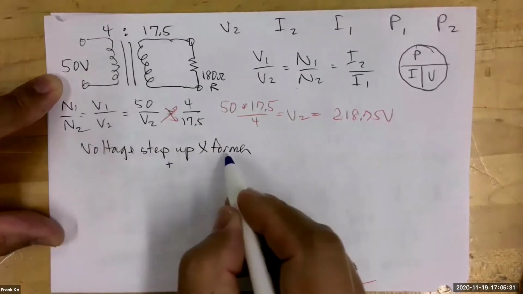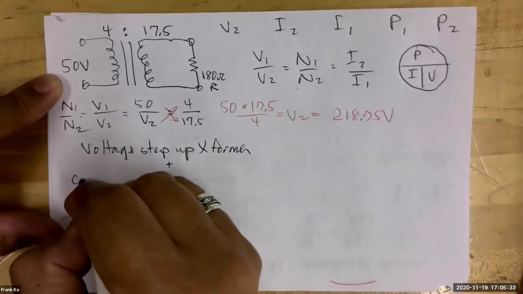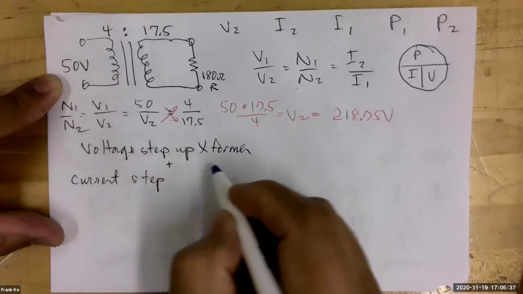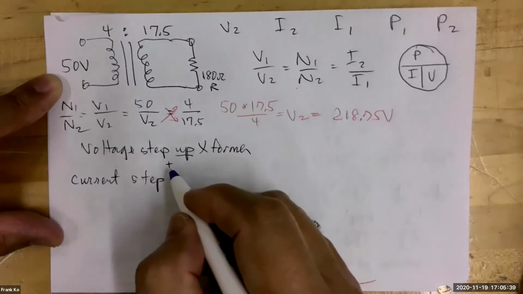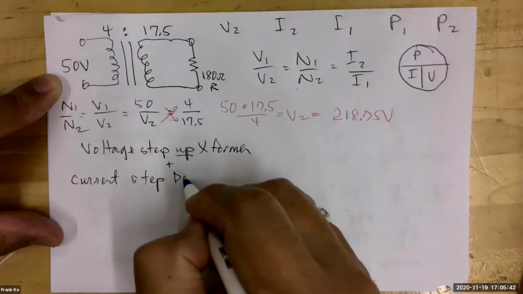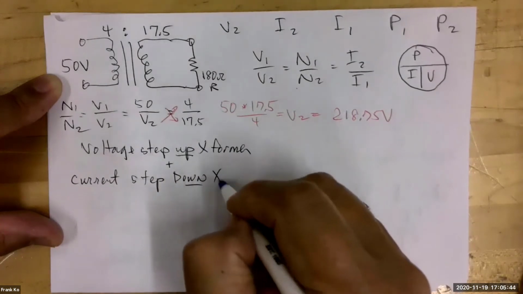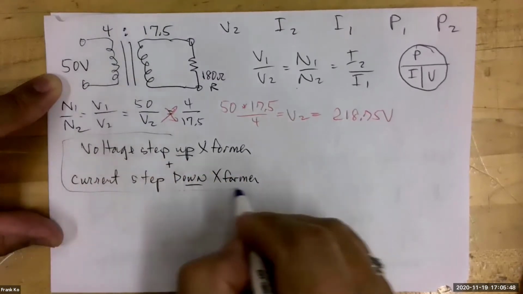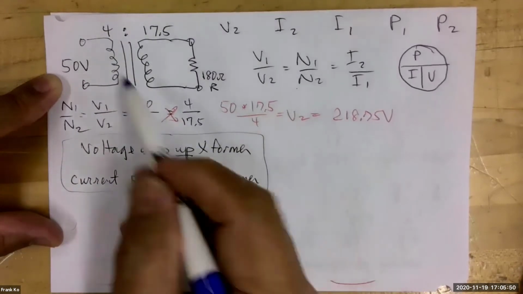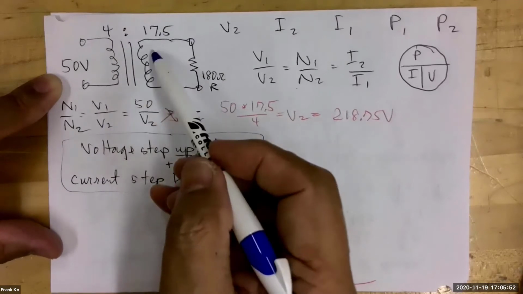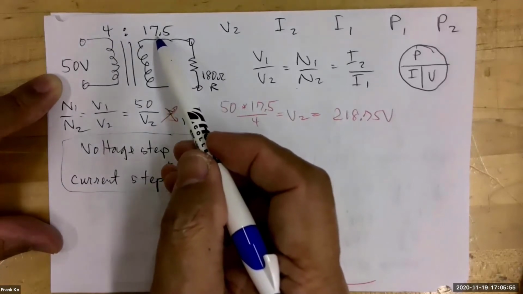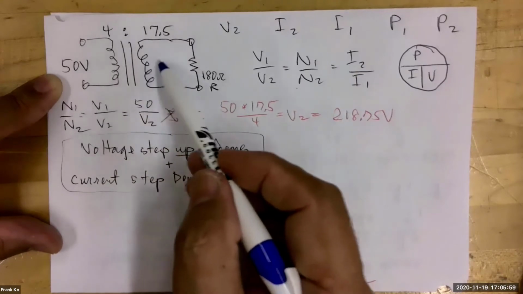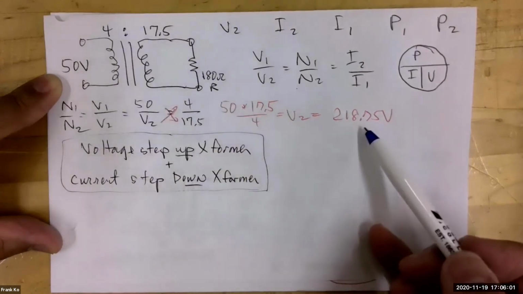And if it steps voltage up, what do you think it should do with current? Current step which way? If voltage stepped up, which way did current go? Down. Yeah, let's go ahead down. We're going to validate this in a moment. But that's how you would call out the functionality of this particular transformer, just by looking at the turns ratio also. You have a larger number of turns in the secondary, smaller number of turns in the primary. This better have more voltage on this side, yeah? And in fact, it does.